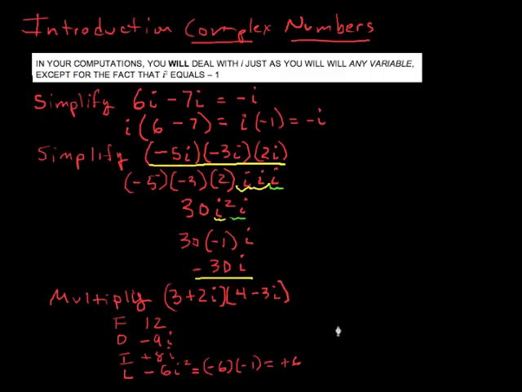So let's put all these together. We have 12 plus 6 is 18, right? So that takes care of this guy and this guy. We have a negative 9i plus 8i. That leaves us with negative i. So that is our product of these two. More to come.